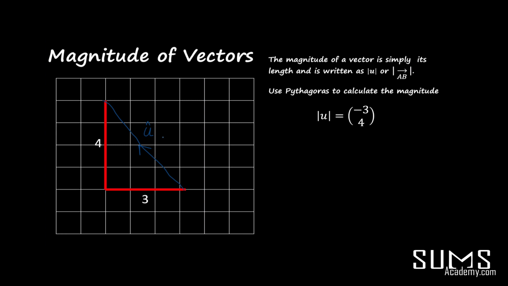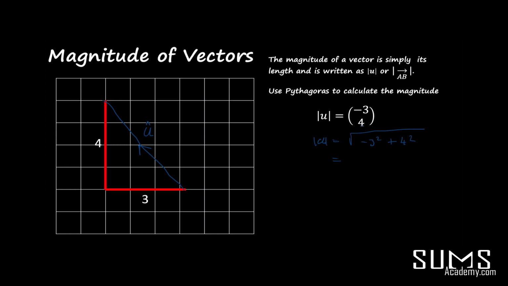So what is the length of this going to be? Well, you're just going to use Pythagoras here. The length of this line must be this squared plus this squared, square rooted. So the magnitude of u equals the square root of (-3) squared plus 4 squared.